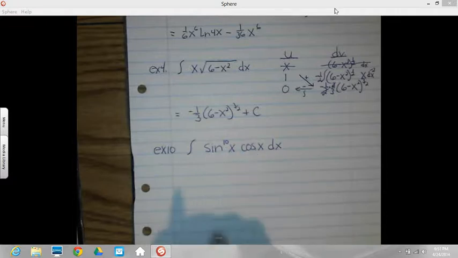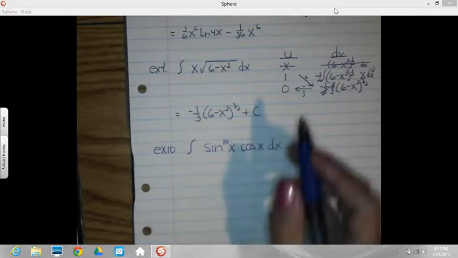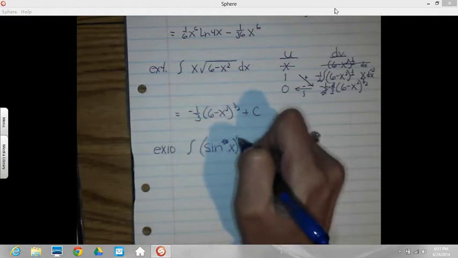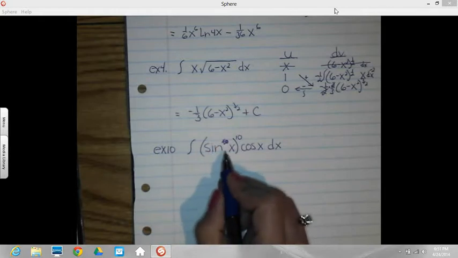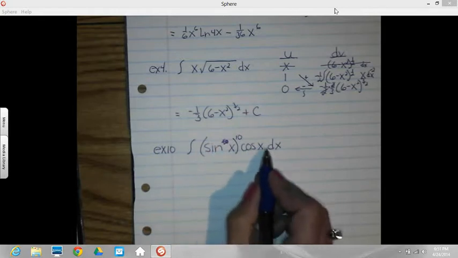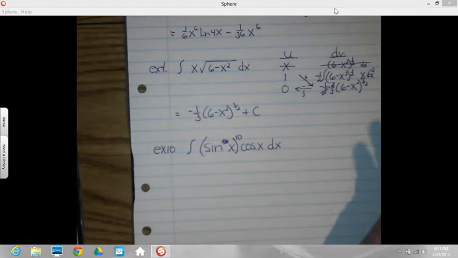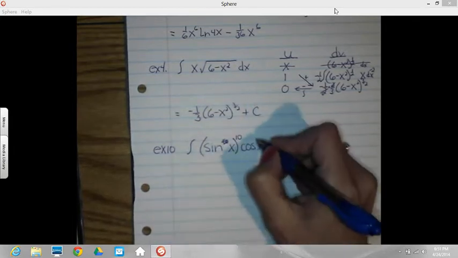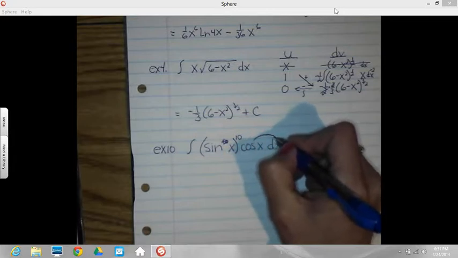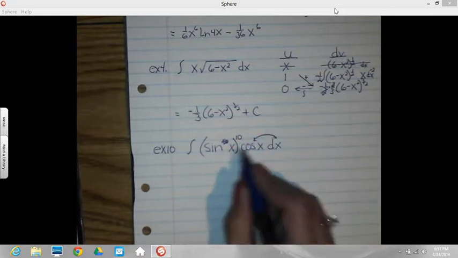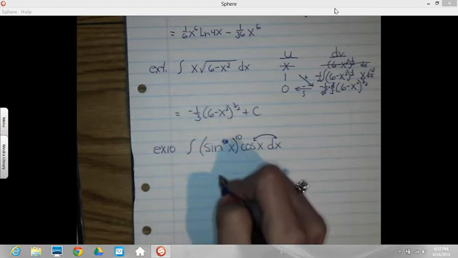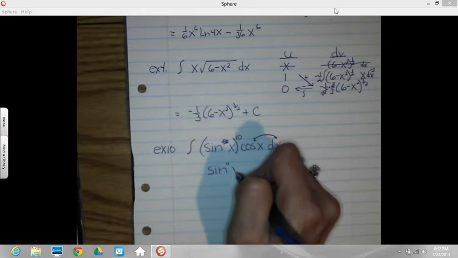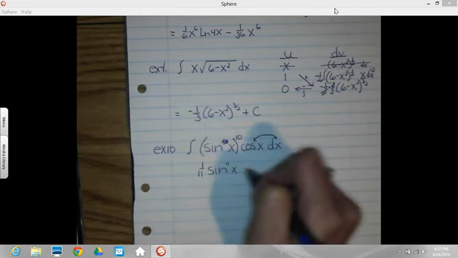Or if I think about this being a power rule with an inside, derivative of the inside is cosine. It's right here. This is an old problem. I don't need to do integration by parts. Just like this last one I didn't need to, but I didn't look for it. I'm going to reassociate the cosine next to the dx. And I'm all set to go with the power rule. So this one's simple. Just go into sine to the 11th x times 1/11 plus c.